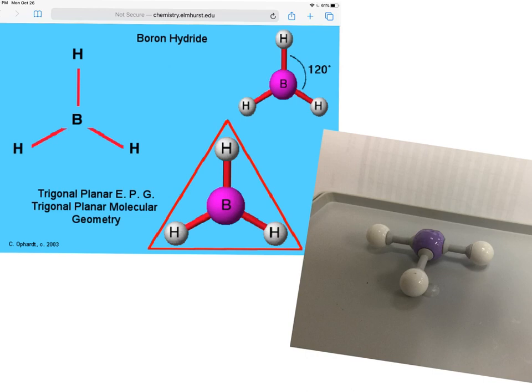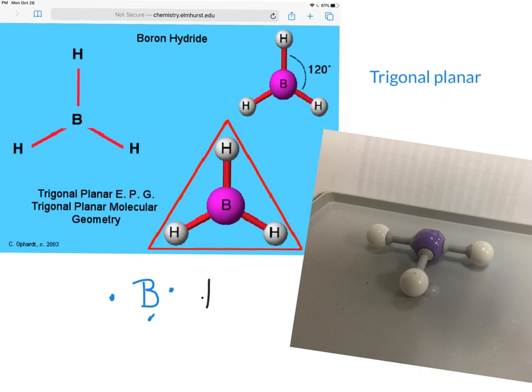Now this is your trigonal planar. Your trigonal planar looks kind of like a flat triangle or sometimes like a T. So another example would be, let's do the one that's on top, boron, which has 1, 2, 3 valence electrons.